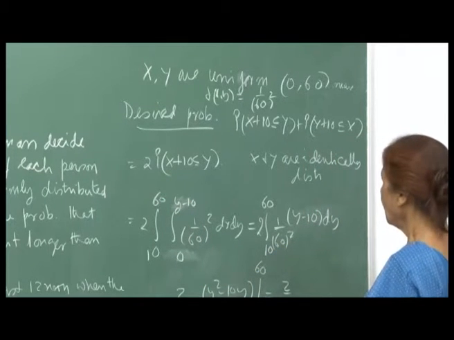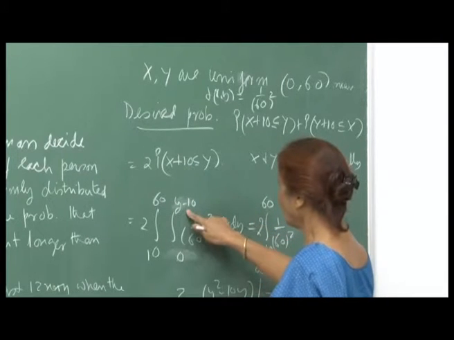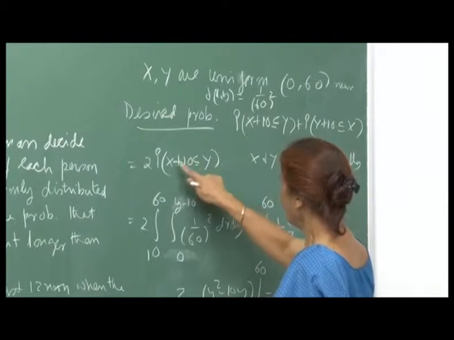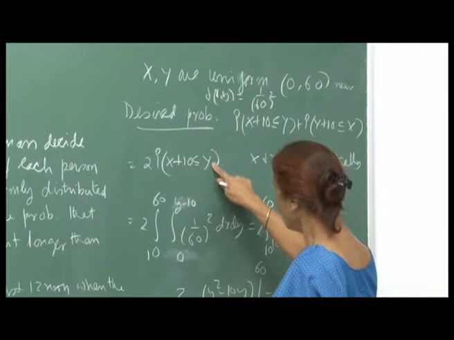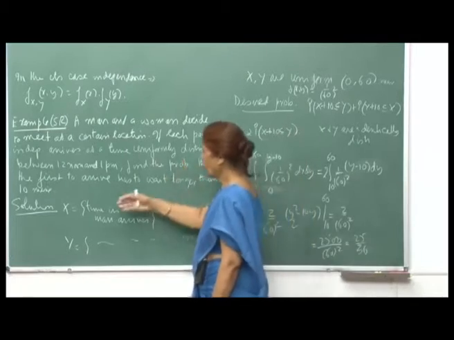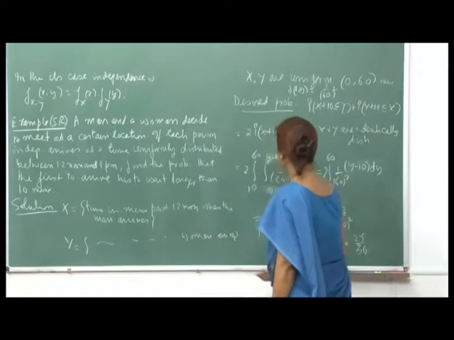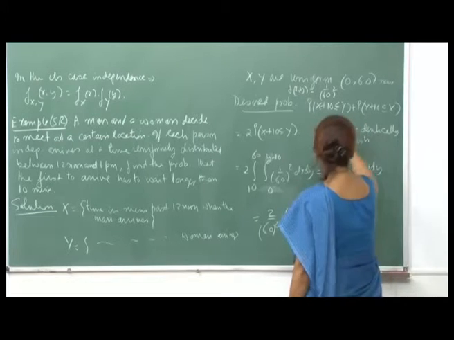You see for x, the limits are 0 to y minus 10. Right, x is less than or equal to y minus 10, and x varies from, because the man can arrive at 12 noon itself, then x will be 0. So, x actually varies from 0 to 60.